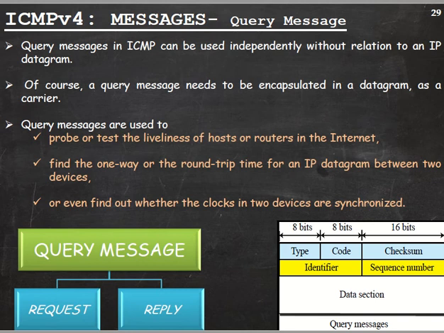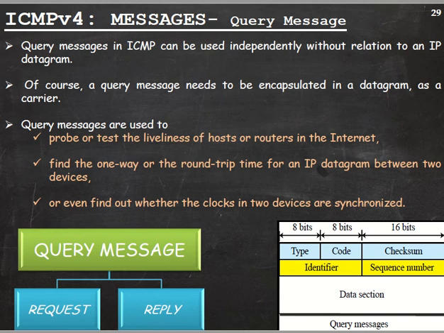This pair of messages is used by a host or a router to test the liveliness of another host. Whenever you want to find out the liveliness of a host or a router, you can check it by sending an echo request, and in response you will get an echo reply for the request sent.